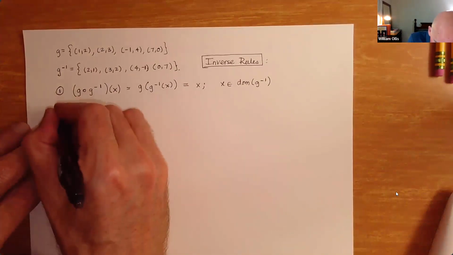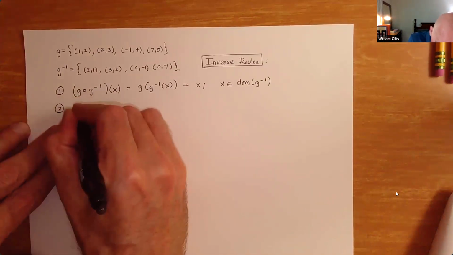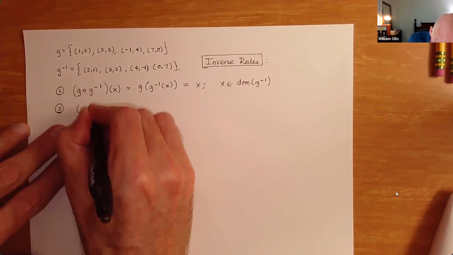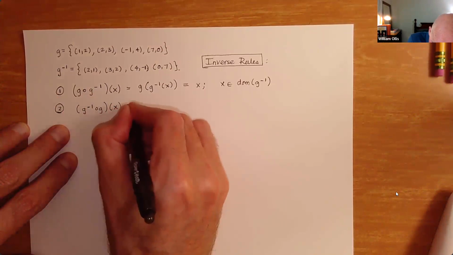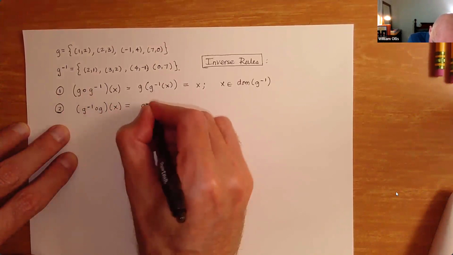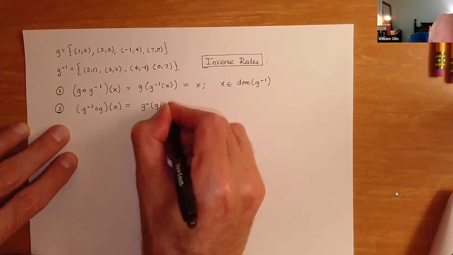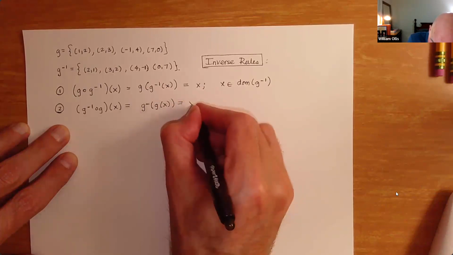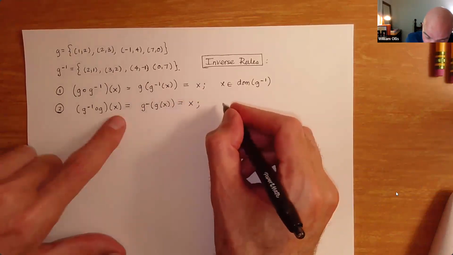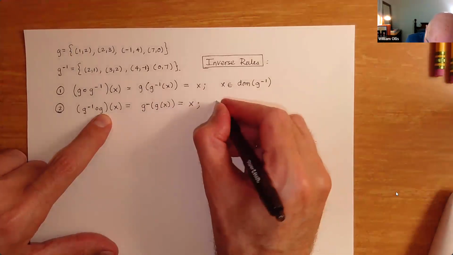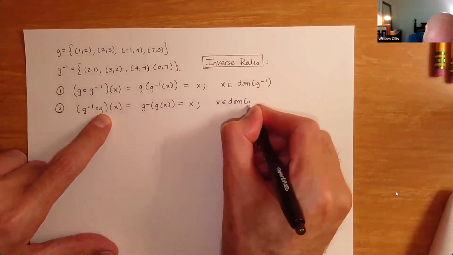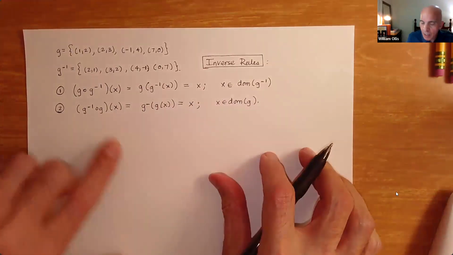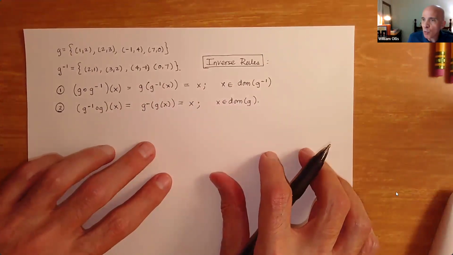And then the second one would be reversing the order. That is, we would say G inverse of G of X, which should also be X when X is in the domain of G. So the key here is that it doesn't matter which order you go.